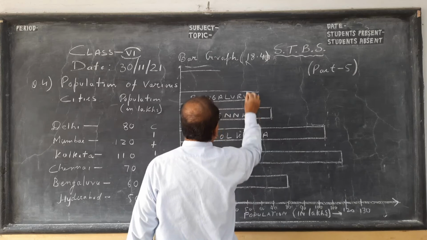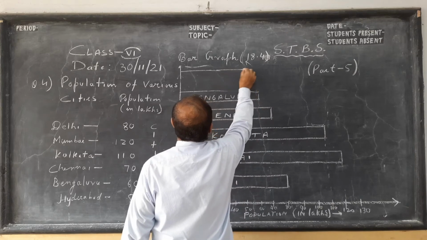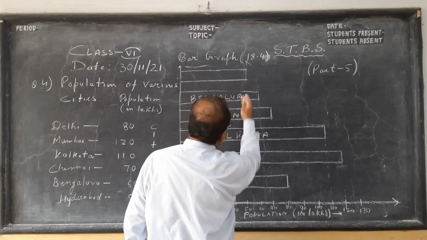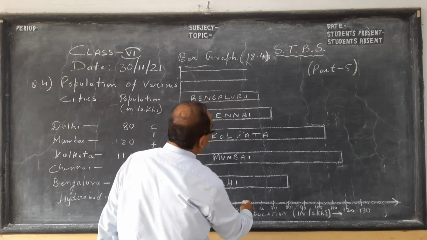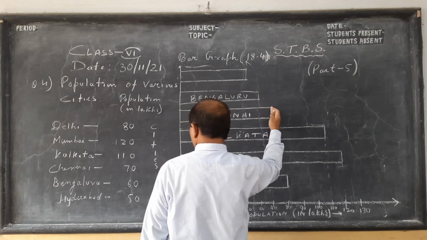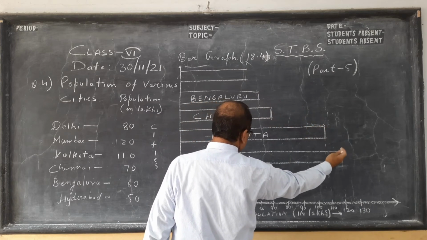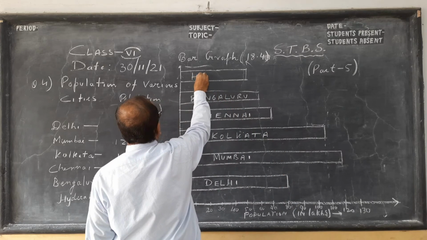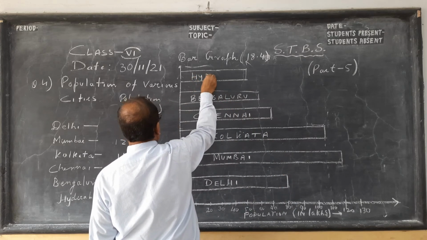Then we have certain questions, children, you will see. As I have already told you, we can put a scale and see this is 50, this is 60, this is 70, this is 110, this is 120 and this is 80. So the last one is Hyderabad.